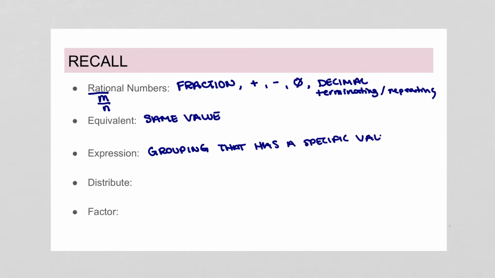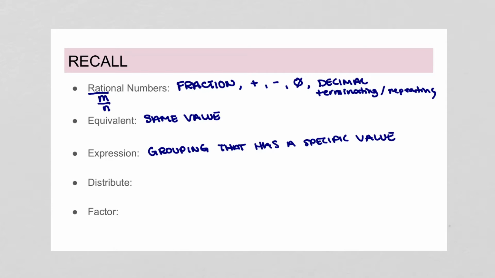So it doesn't just have to be numbers like 7. It can have numbers and variables. It can have operations. It can have grouping symbols in it. All of those things together, meaning that these things stuck together represent a value of something.